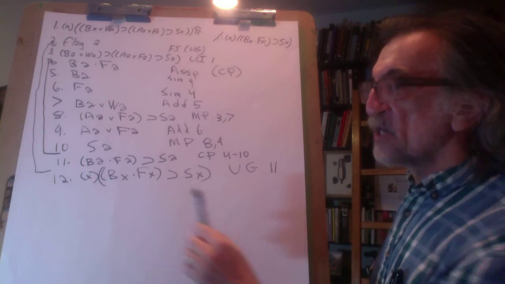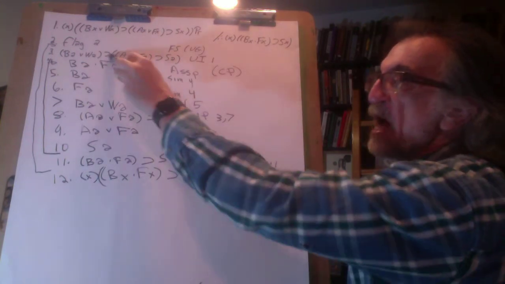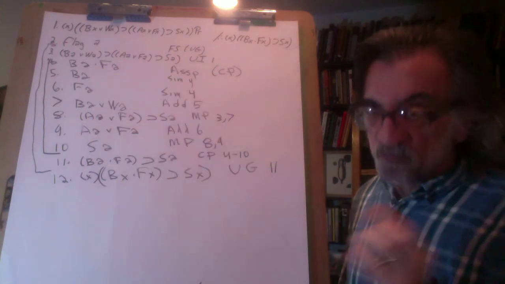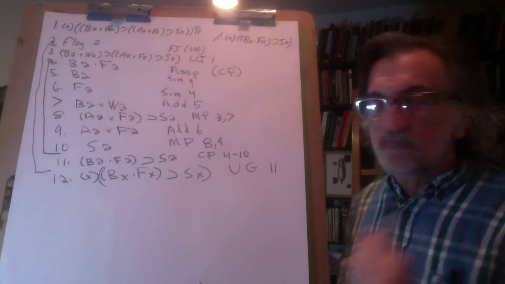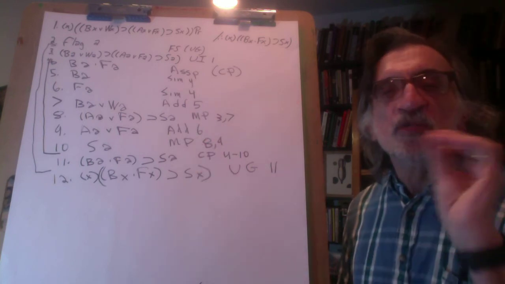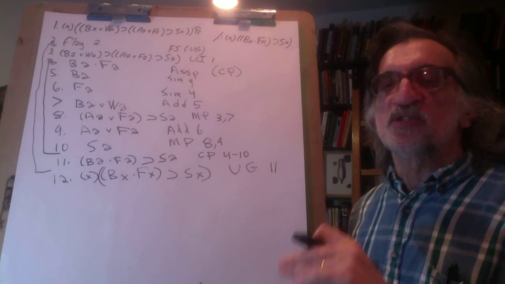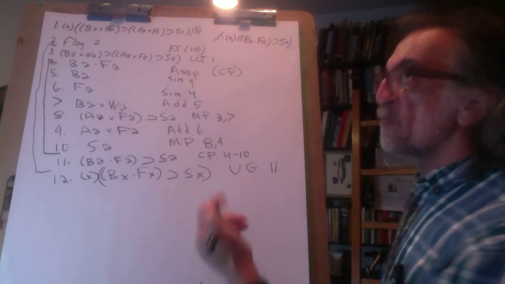What entitled us to deduce that conclusion? Simply the fact that while we were in what is really, strictly speaking, a subproof, we only used the letter A within the subproof. We didn't talk about anything else. We didn't use A for another purpose, right?